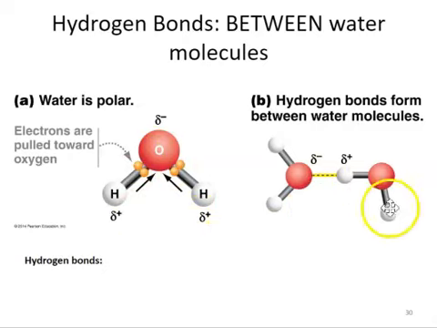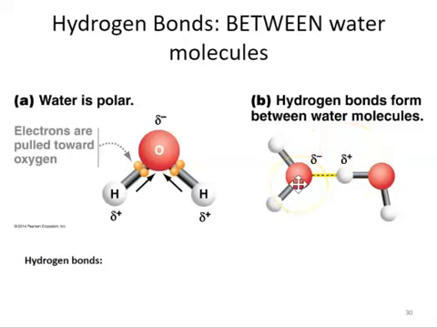Here are two water molecules in this B part of the figure, and we're seeing now our first hydrogen bond highlighted in yellow and shown as a dash. So here's one intact water molecule and a second intact water molecule. A hydrogen bond is a weak electrical interaction between an area of partial negative charge and an area of partial positive charge.